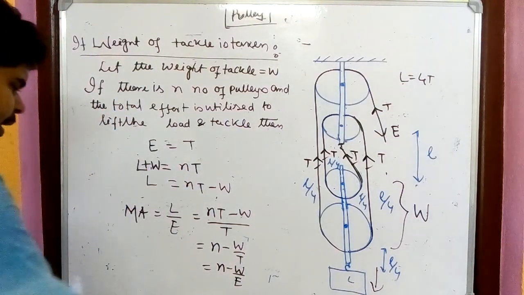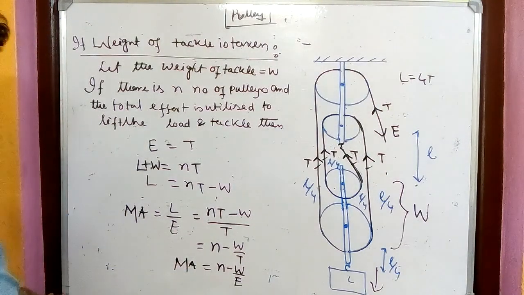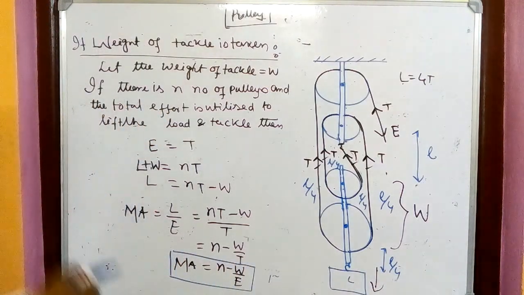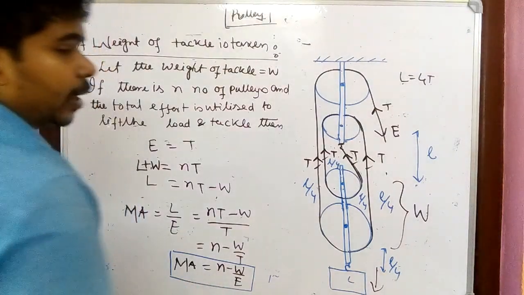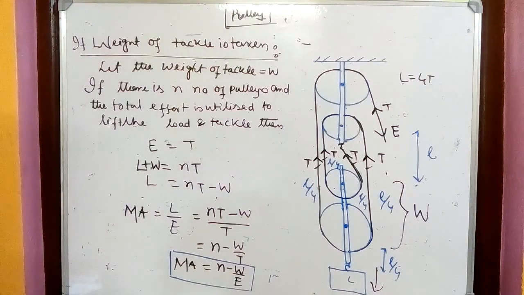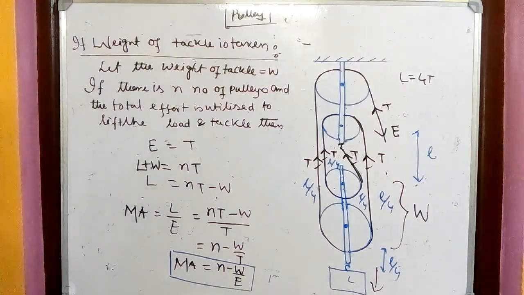And this is your mechanical advantage. In general, if the whole mechanical advantage is used only to lift the load, then mechanical advantage should be N. Initially, when we were talking only about load, the mechanical advantage is 4 here, but now it is N minus W by E. Whenever we take into account the weight of the pulley, your mechanical advantage is decreased.